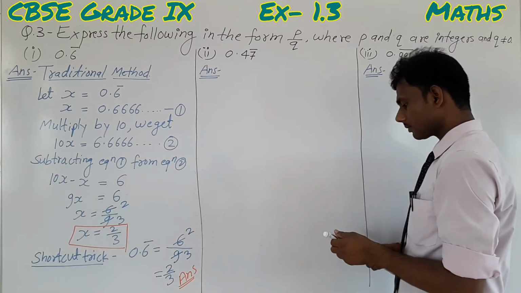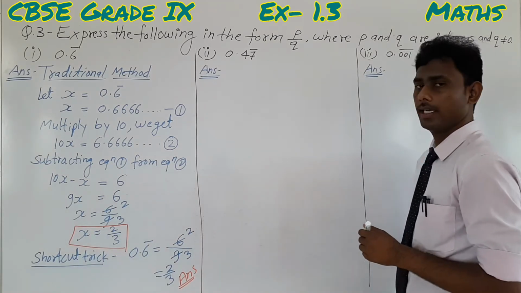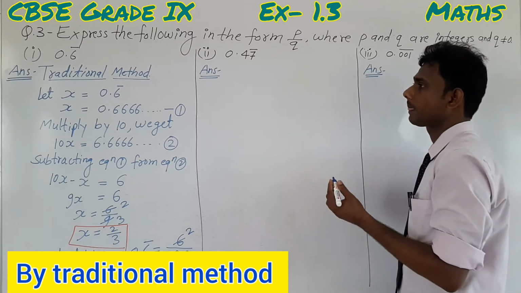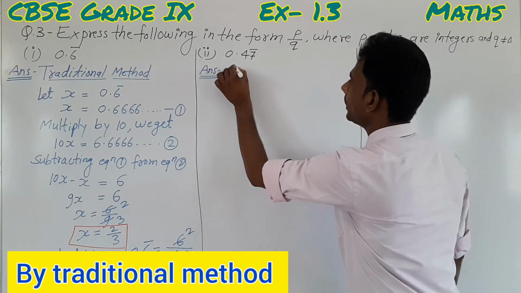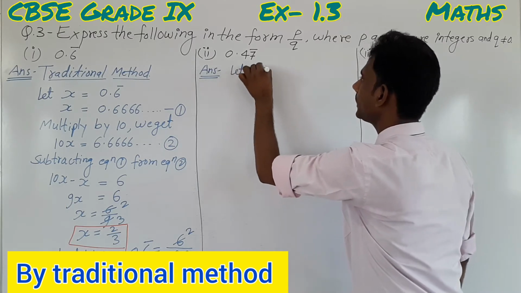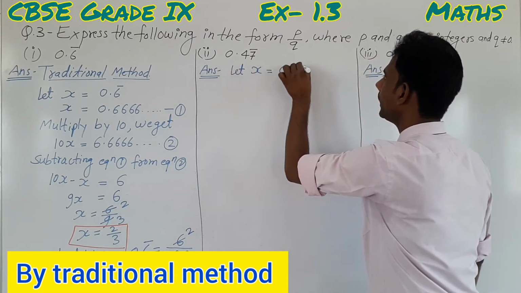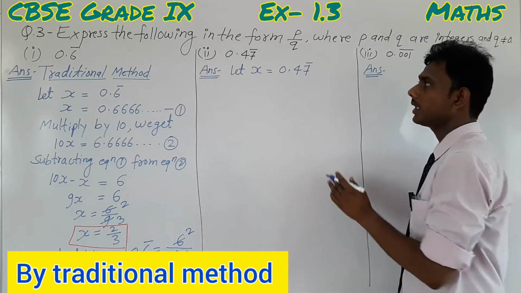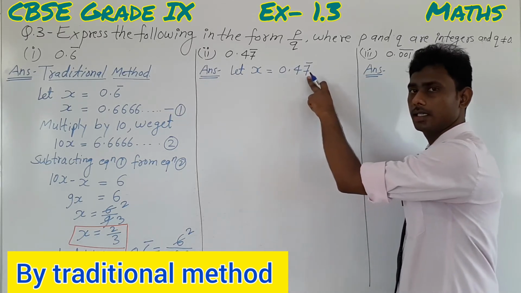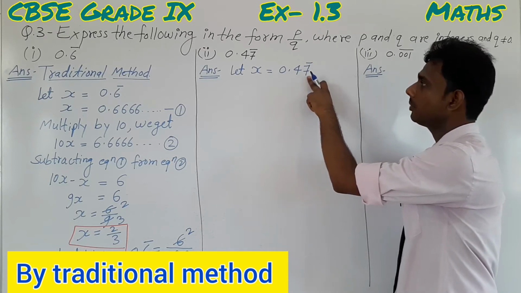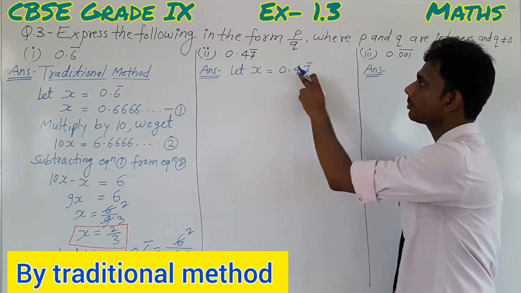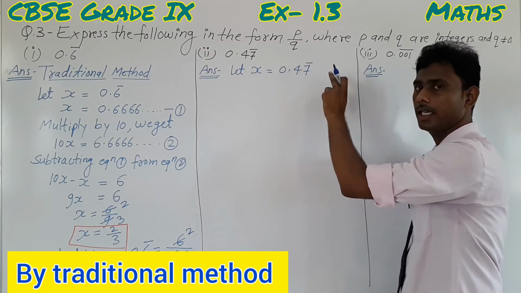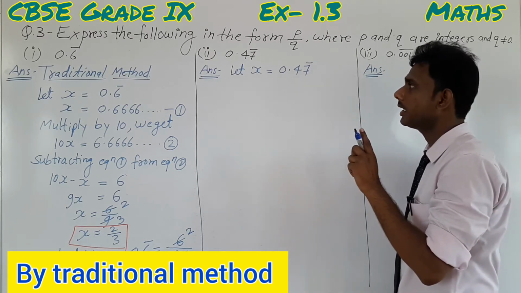Second part, 0.47 bar. First of all, you have to solve by the traditional method. Let x equal 0.47 bar. Here only one digit is recurring, repeating 7. After the decimal there is 4 and 7, but the bar is only on 7, so only 7 is recurring.